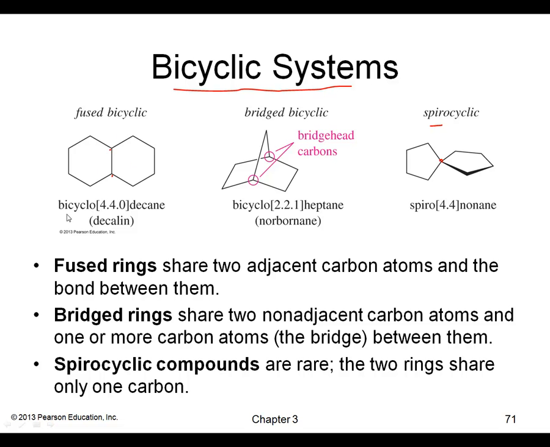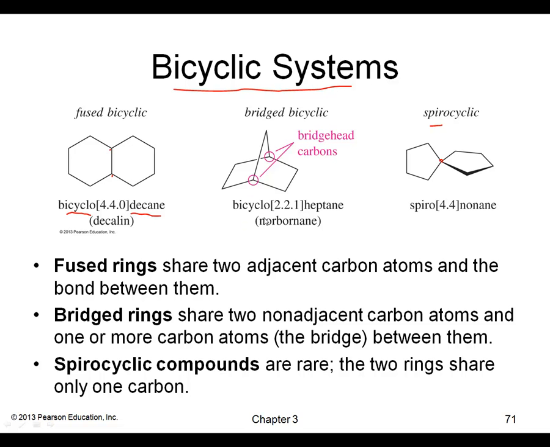Bicyclo, you put bicyclo first, then you look at the bridgehead carbons and I count to them. So 1 carbon, 2 carbon, 3 and 4, back to the other bridge. So 4, this way 4, then this way there's 0 between them. So this would be bicyclo 4,4,0 decane. It's decane because the total number of carbons in the whole molecule is 10.